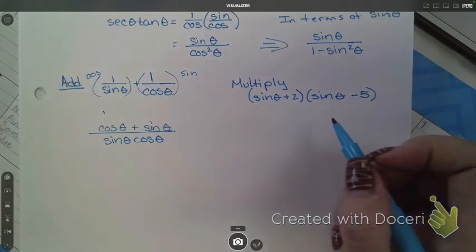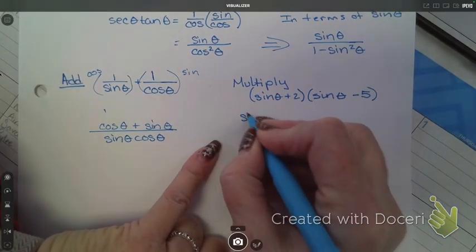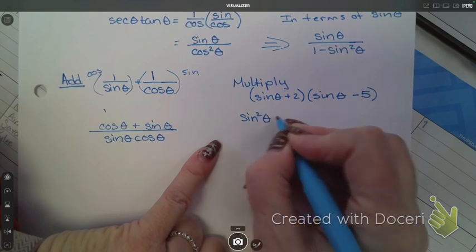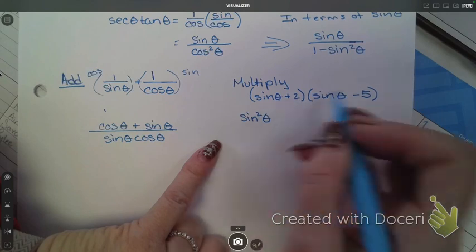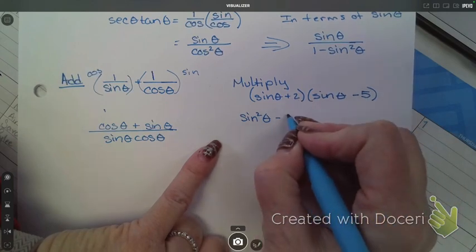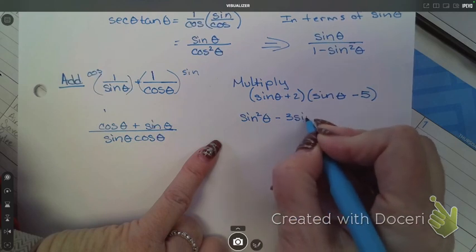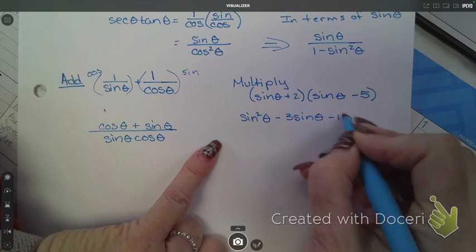I'm just going to distribute. So what do I got? Sine squared of theta, and we'd have negative 5 sine plus 2 sine, so we'd have negative 3 sine, minus 10.